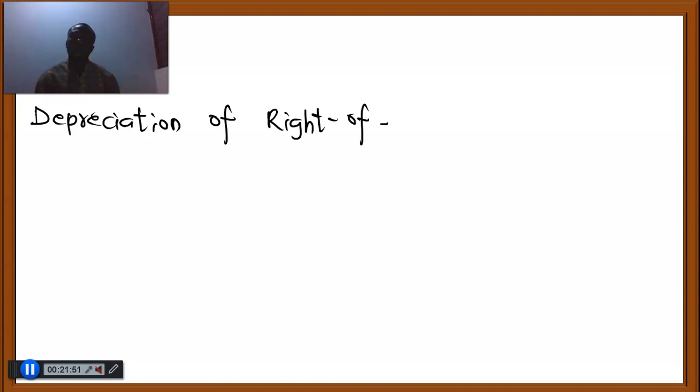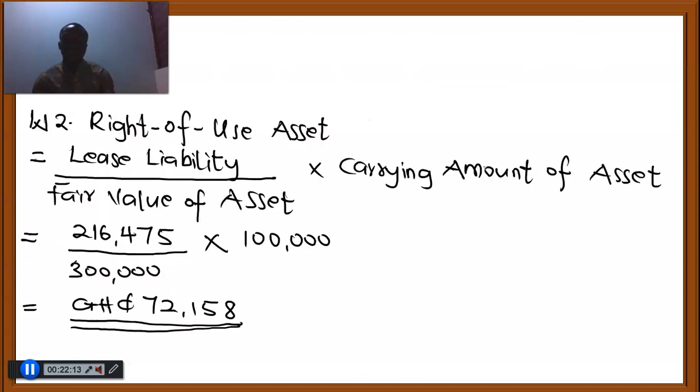For the right of use asset, we are going to depreciate it, if it is a depreciable asset. The depreciation charge is calculated as the cost minus residual value divided by the estimated useful life. In this question, the right of use asset we recognized was 72,158.